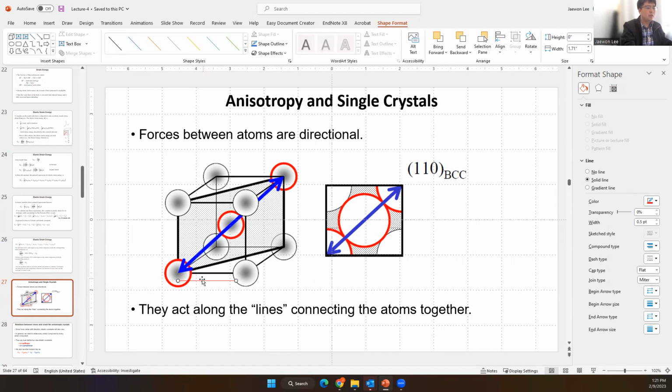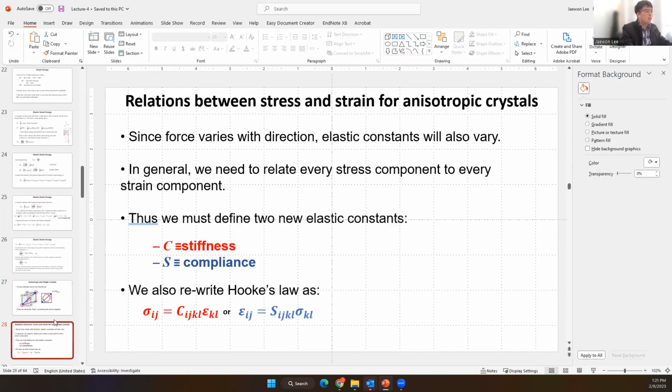This distance is shorter, and the others are longer. Because of the difference in interatomic distance, the force or elastic properties could be changed.